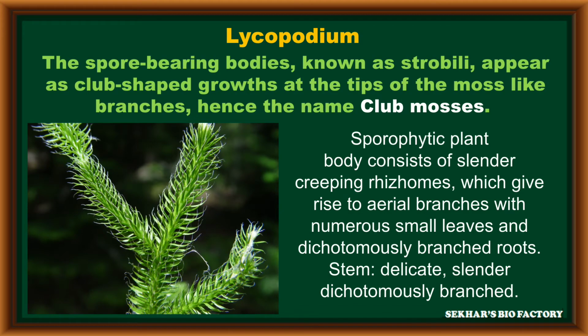The sporophytic plant body consists of a slender creeping rhizome which gives rise to aerial branches with numerous small leaves, and dichotomously branched roots. In this plant body, the stem is delicate, slender and dichotomously branched.